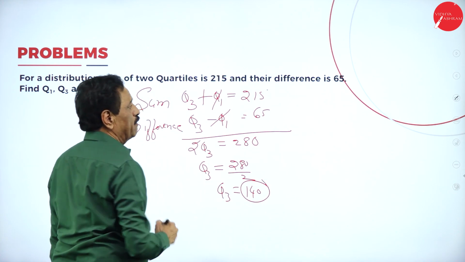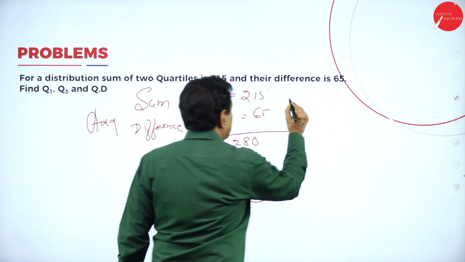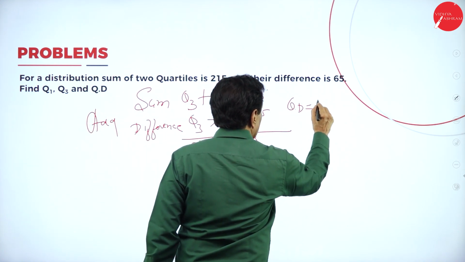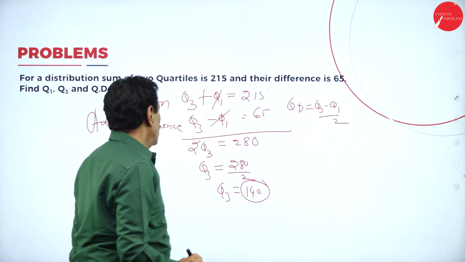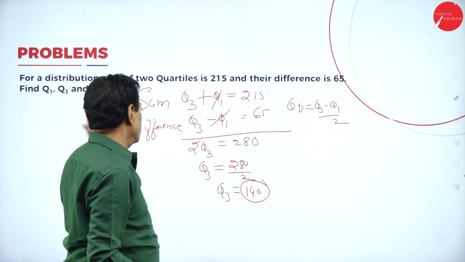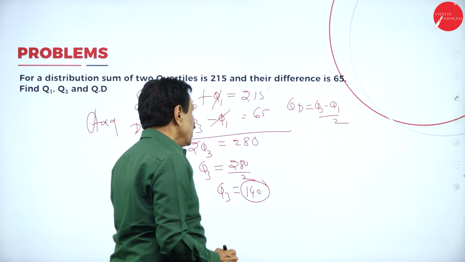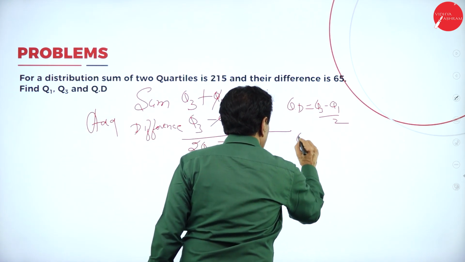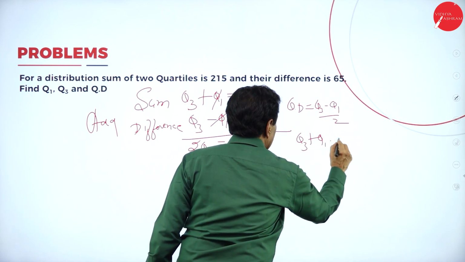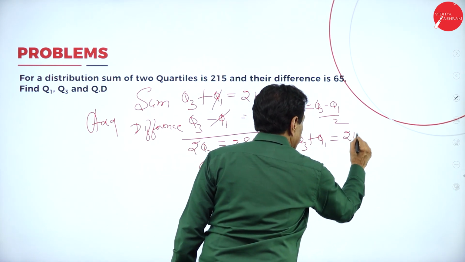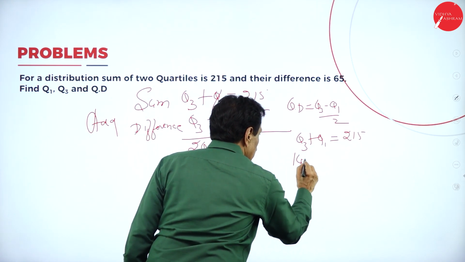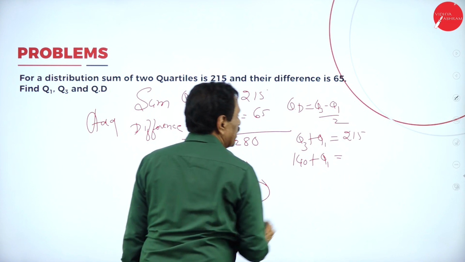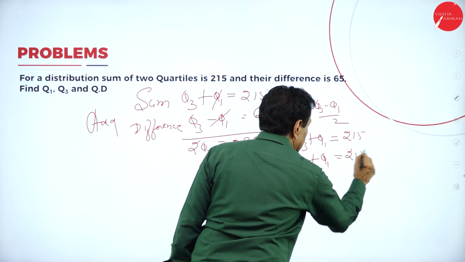So Q3 is 140. Then quartile deviation is Q3 minus Q1 divided by 2. What's your Q3 here? Q3 plus Q1 is equal to 215. Q3 is 140, plus Q1, which you don't know, is 215.